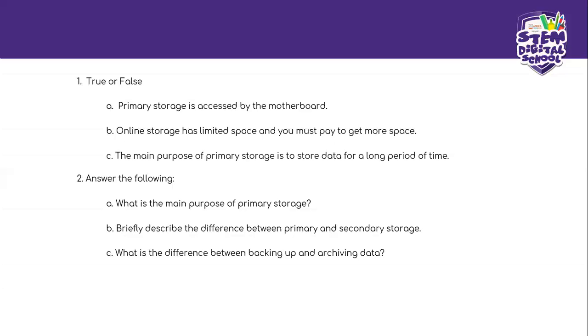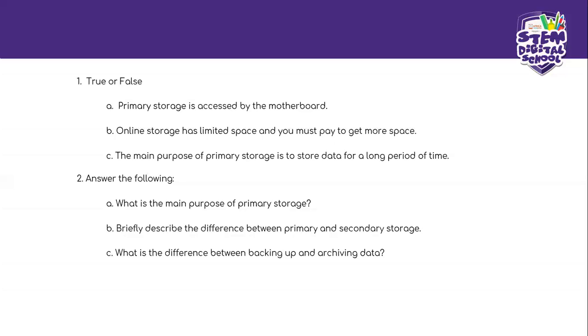Okay, the difference between backing up and archiving. Backups are kept for a relatively short period of time. When you're backing up something, you are saving it in case you lose it on your computer or you are still working on it.